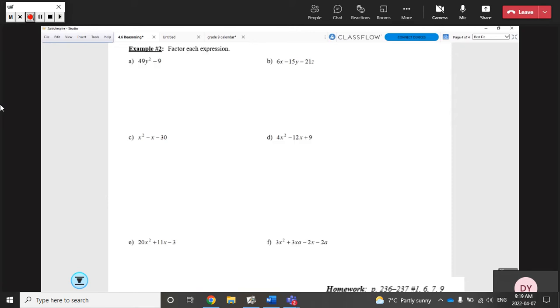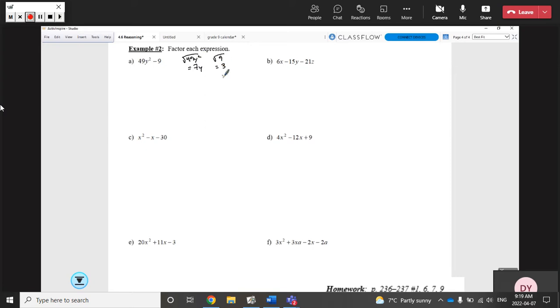Now, let's go ahead and factor each of these. I know it might have been a while. Maybe on the next slide, I'll show you how to factor complex trinomials in a whole brand new way. But for right now, let's just use what we've got. Okay, difference of squares for this first one, as you mentioned. What's the square root of 49y squared? I think it's just 7y. And what's the square root of 9? It's 3.